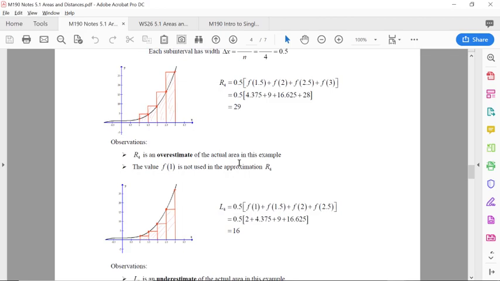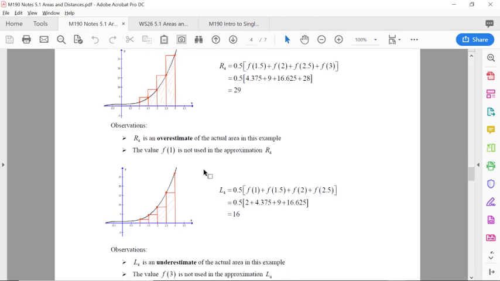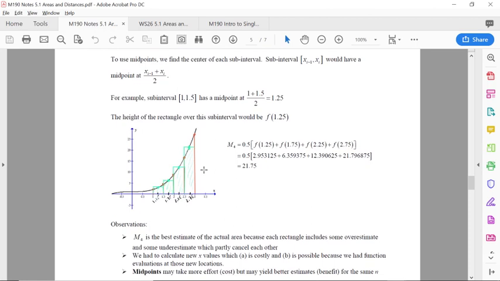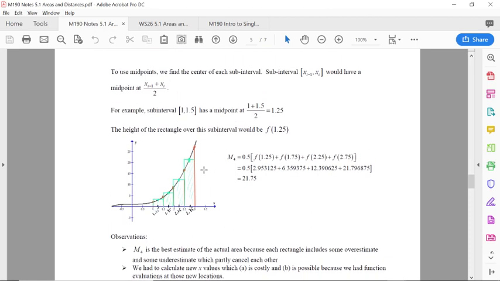So we'd be able to close in on the actual value by increasing the number of rectangles and investigating whether our quantities are overestimates or underestimates, which we can determine geometrically reasonably well, because this function is strictly increasing over this interval.